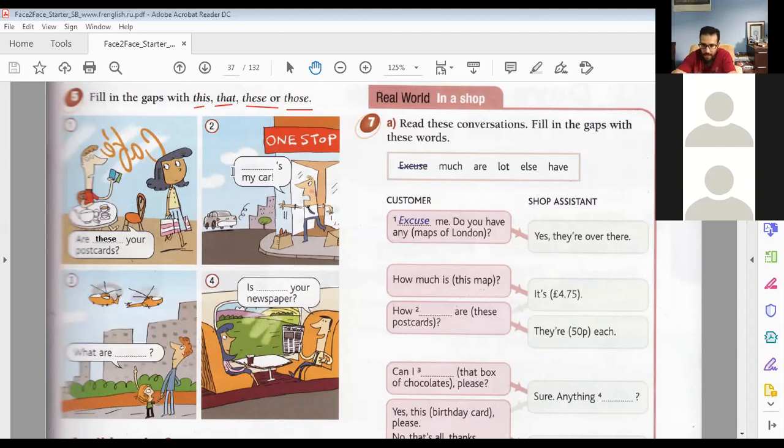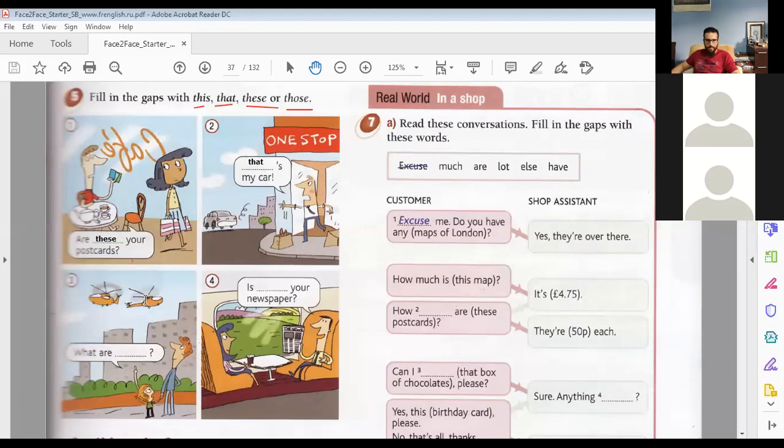That's my car لأنها بعيدة there وفي نفس الوقت singular. That's my car. Okay? Because it's singular and it's there. It's far.